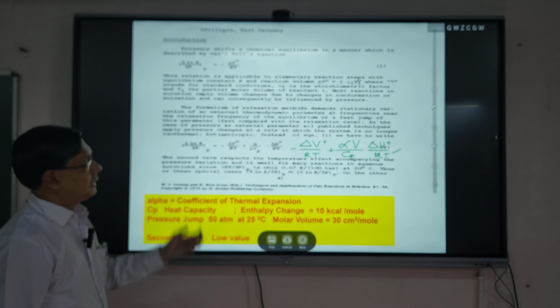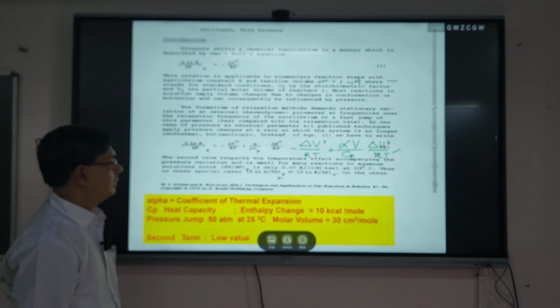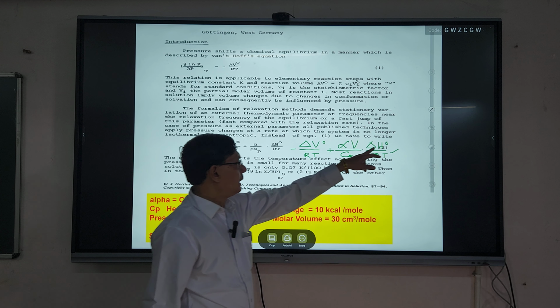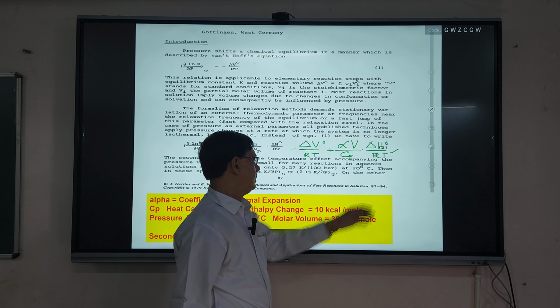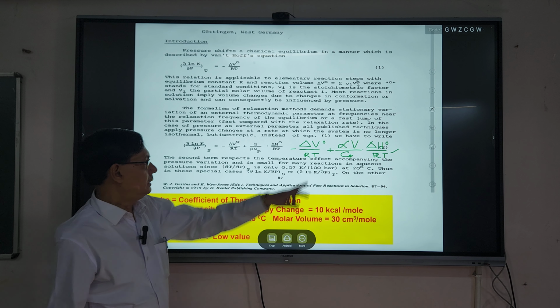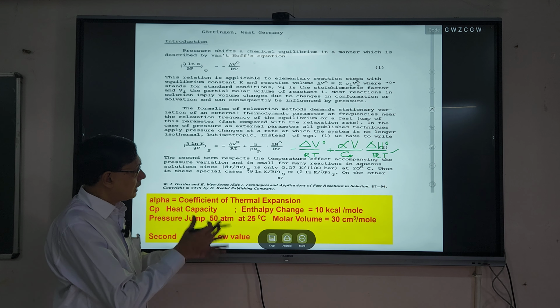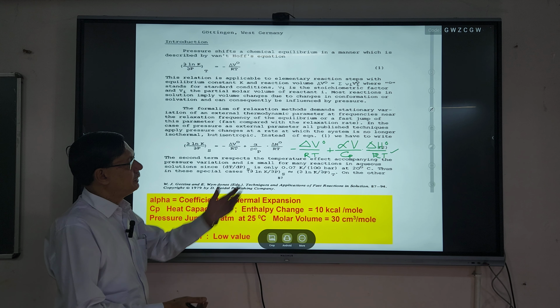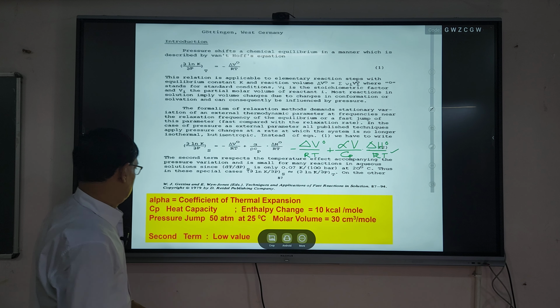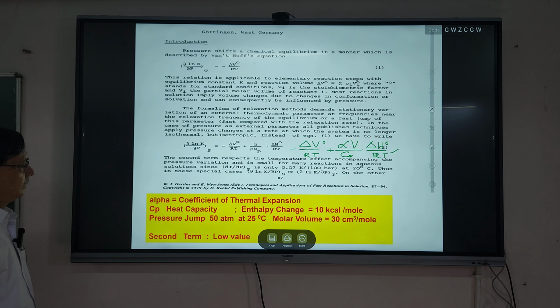Whenever we measure the values of delta V and delta H, I think delta H is 10 kilocalorie per mole, and alpha is the coefficient of thermal expansion, and Cp you know, and the pressure jump is suppose 50 atmosphere.